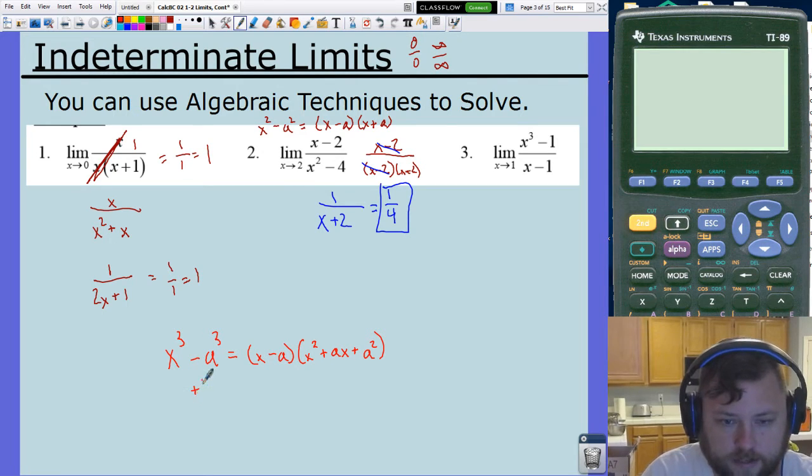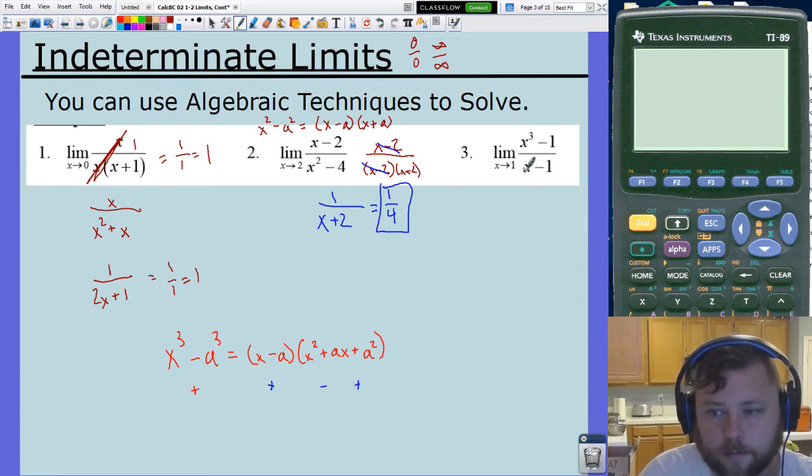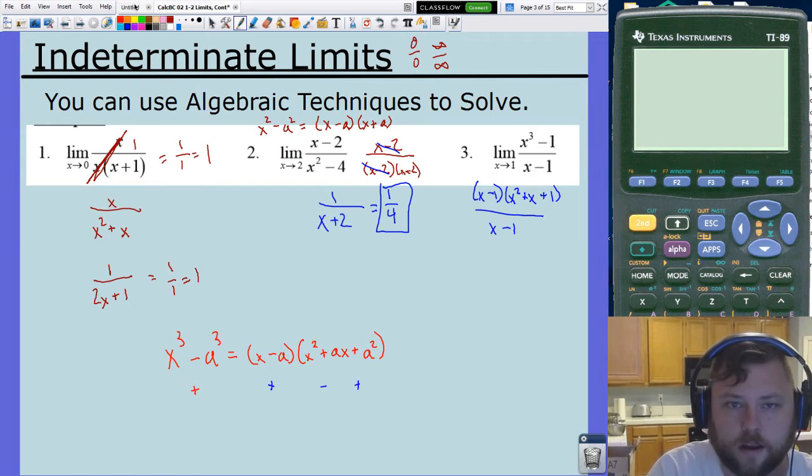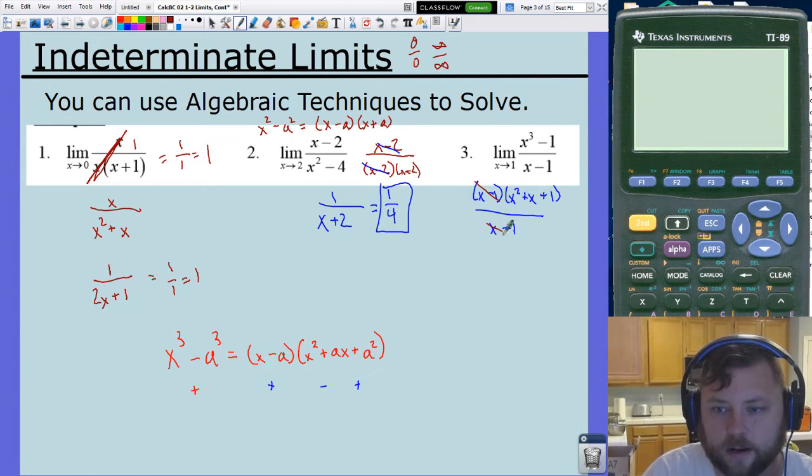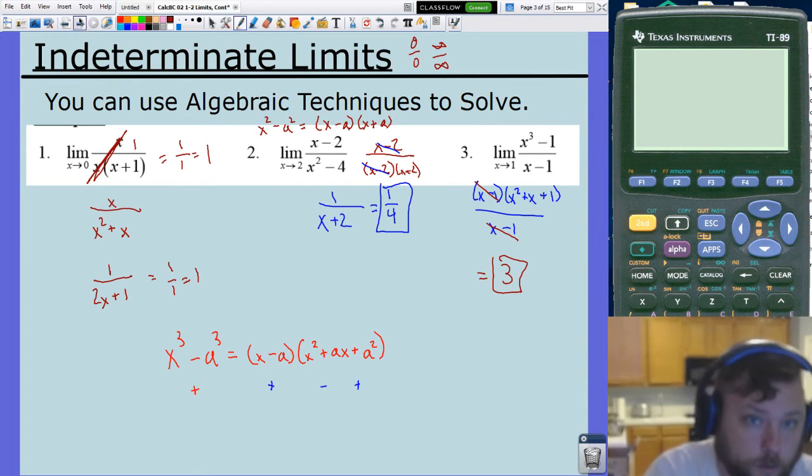If this was a plus in between, instead of having those signs, it would have a plus sign here, a minus sign, and a plus right here. Again, sometimes it pops up. So anyways, the top factors to x minus 1 times x squared plus x plus 1, over x minus 1. You'll notice you can cancel out the x minus 1s. So you're left with x squared plus x plus 1. You plug in the 1s. The limit's going to be 1 plus 1 plus 1, which is 3. Or you could have L'Hopital's ruled it.